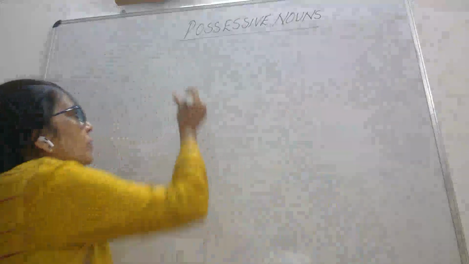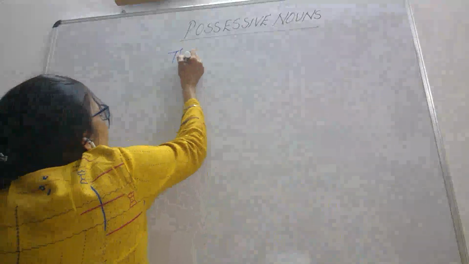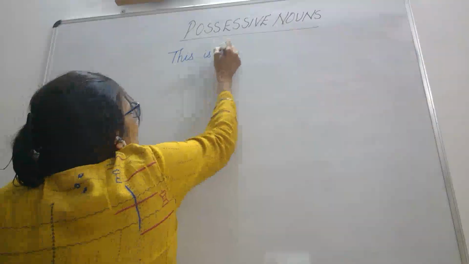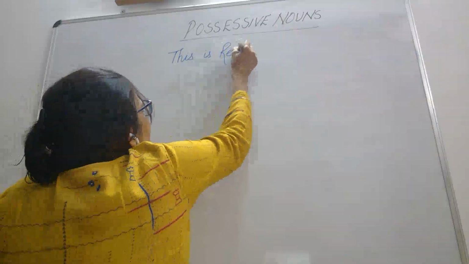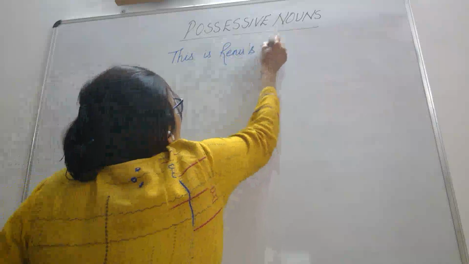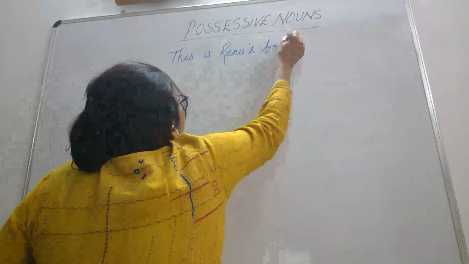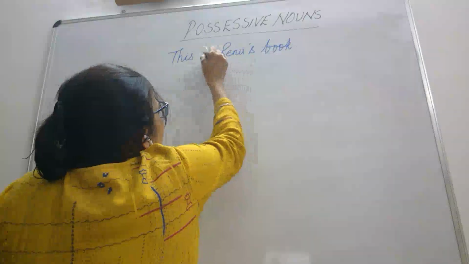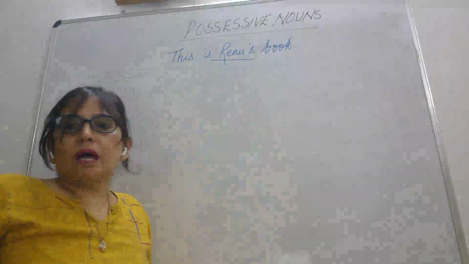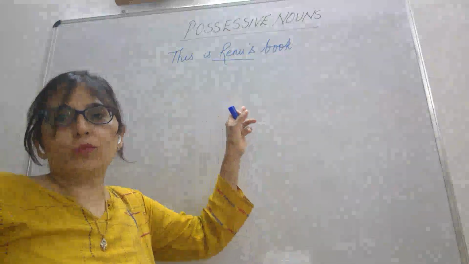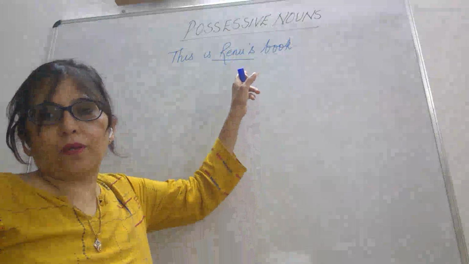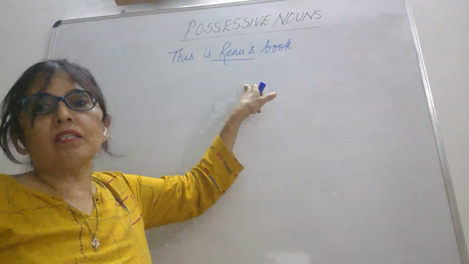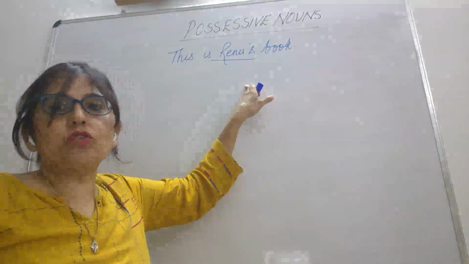When I say this is Renu's book. Okay. So this noun here is Renu's book. I have put an apostrophe. So what does it mean? This book belongs to Renu.